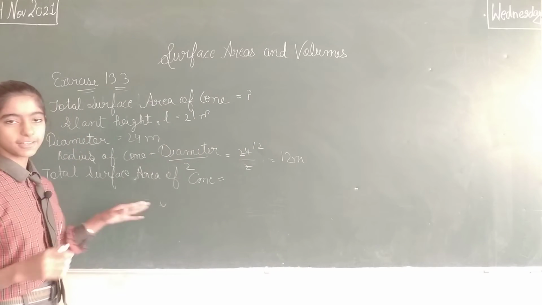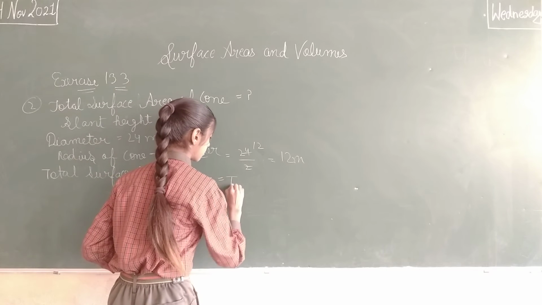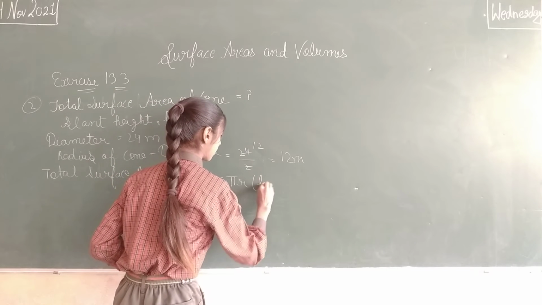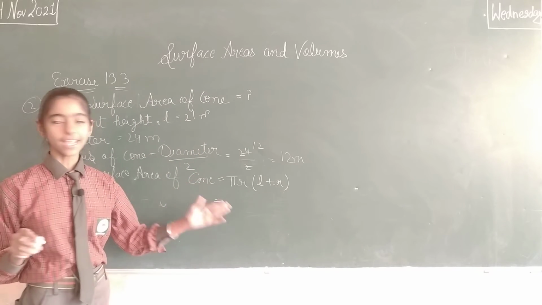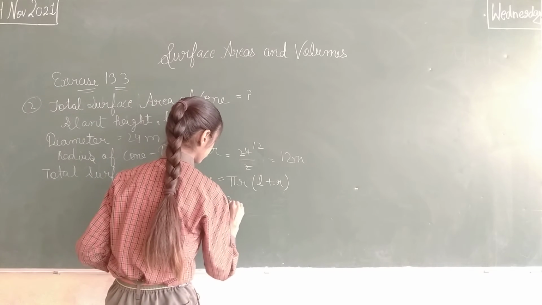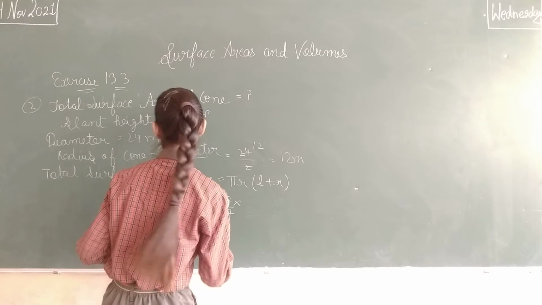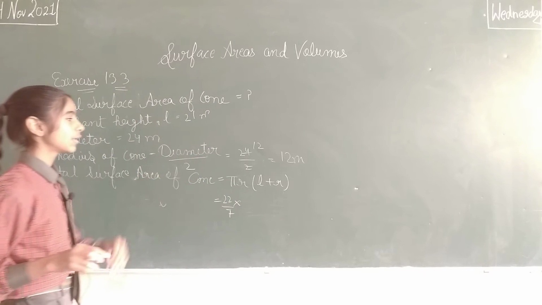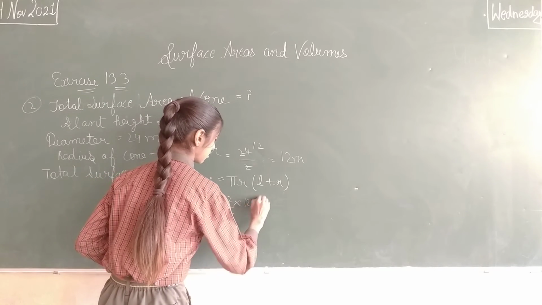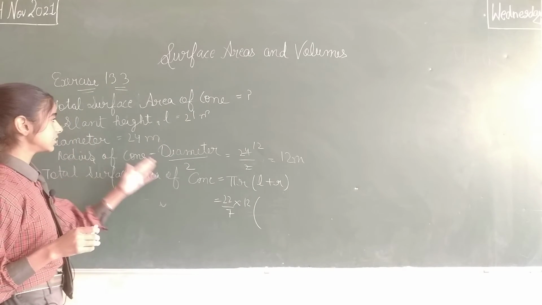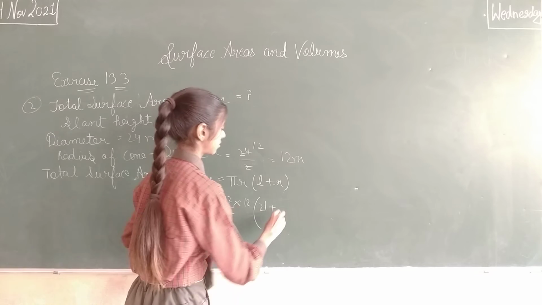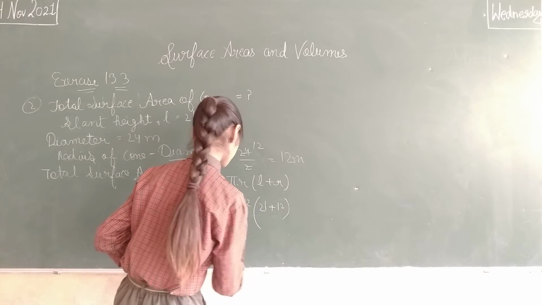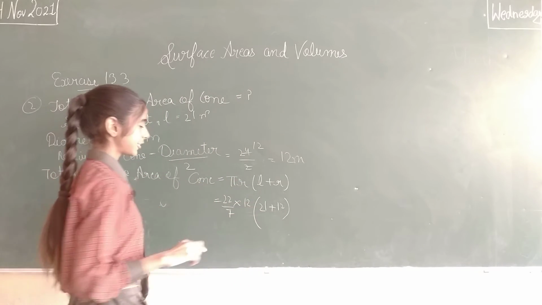So total surface area of a cone is pi r (l plus r). So as we know that pi value is 22/7 and radius is 12 meter and our slant height is 21 meter and our radius is 12 meter. So we have to add them.